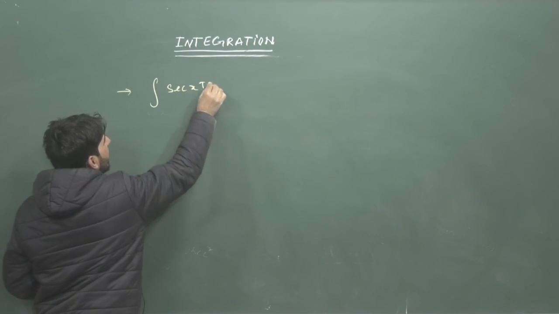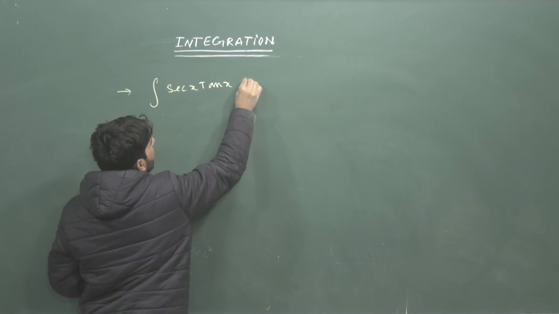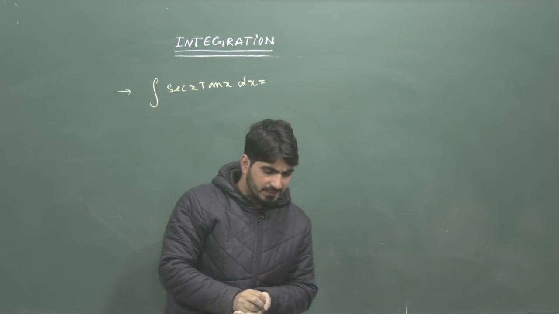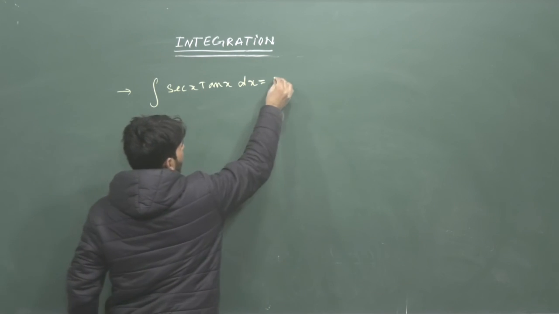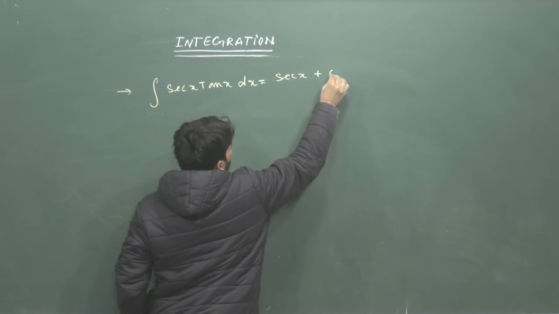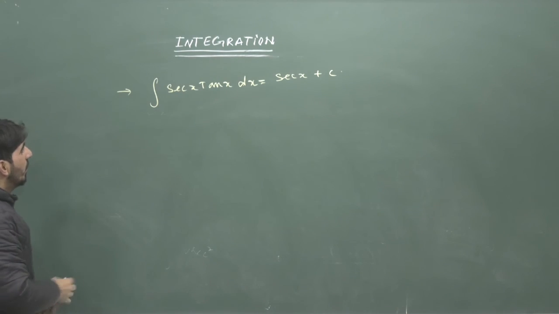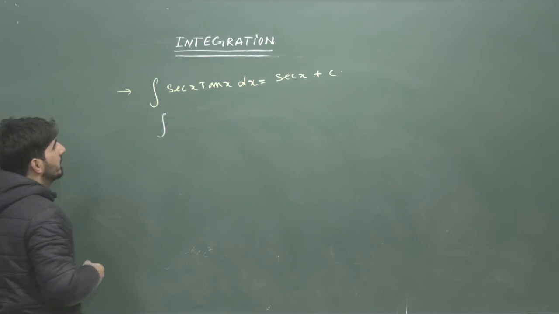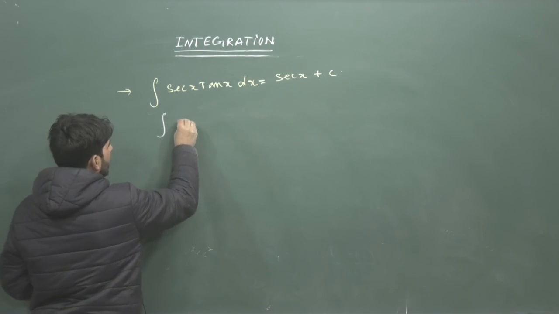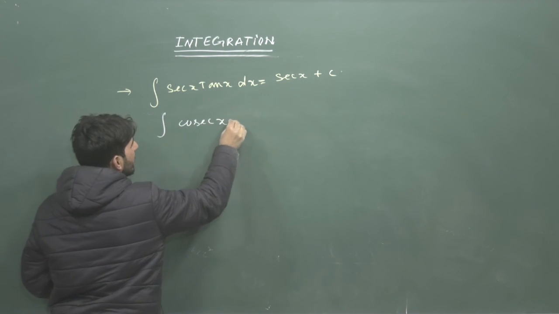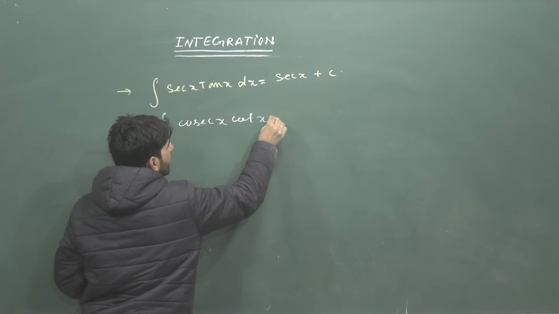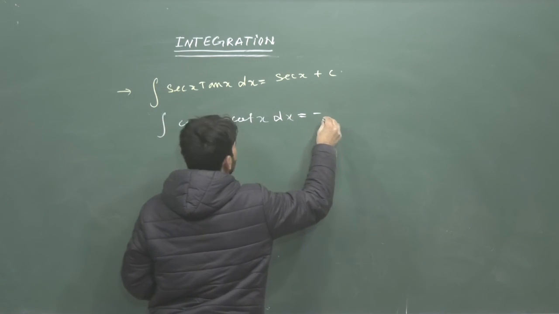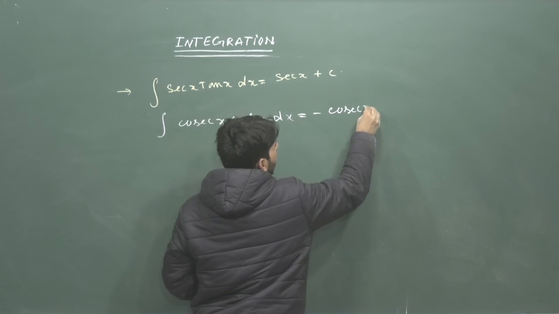Integration of sec x tan x. What is the integration of sec x tan x? That is sec x plus c. Now what is the integration of cosec x cot x? This is equal to minus cosec x plus c.